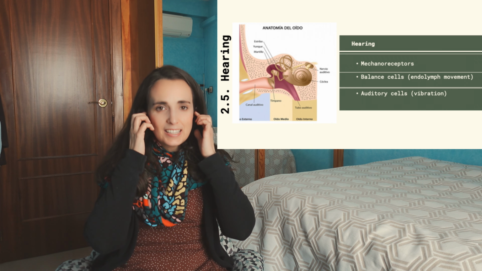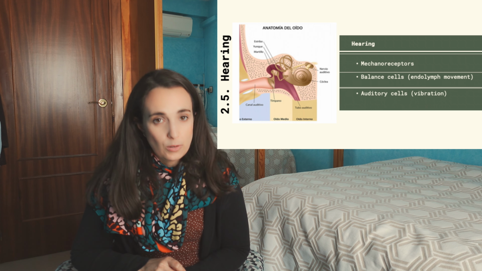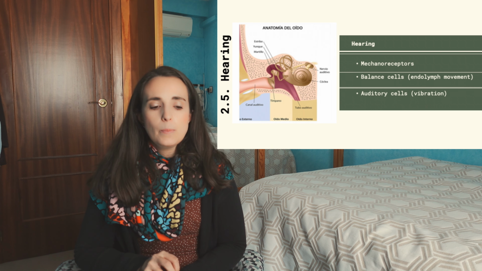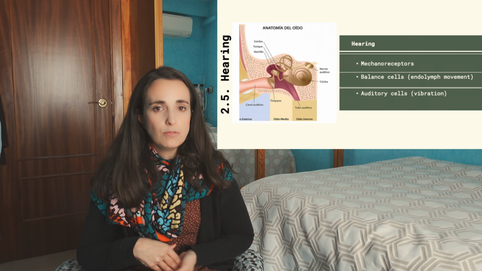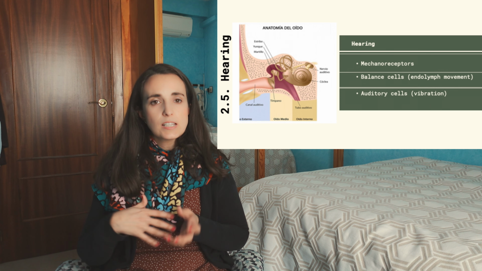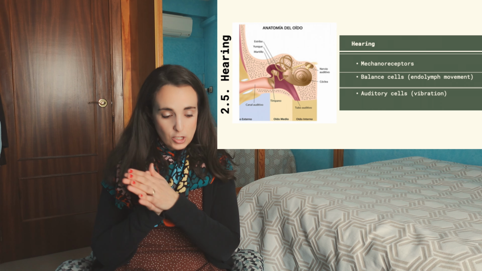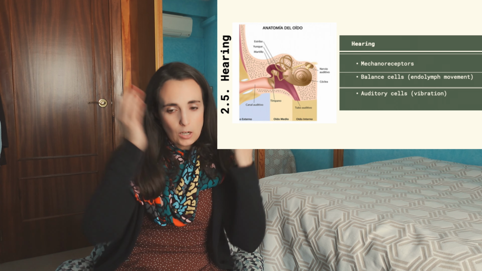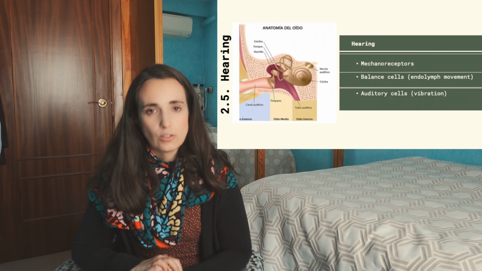So inside our ears, what we have is mechanoreceptors. They will detect those vibrations of the endolymph, and they can translate the vibrations into sound in our brain. This will be performed in the brain. Okay, so it's a translation.